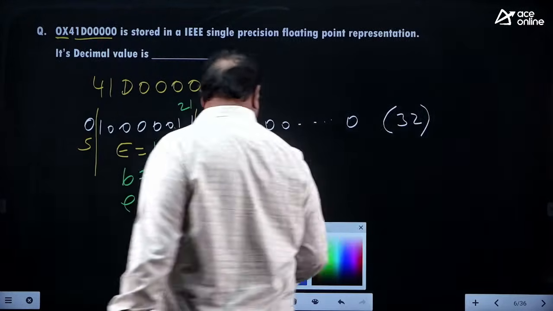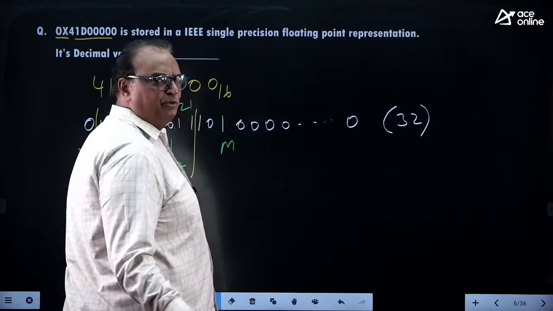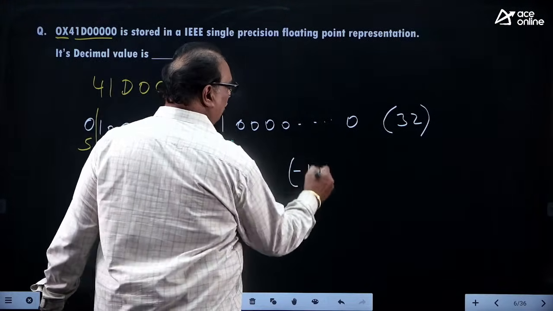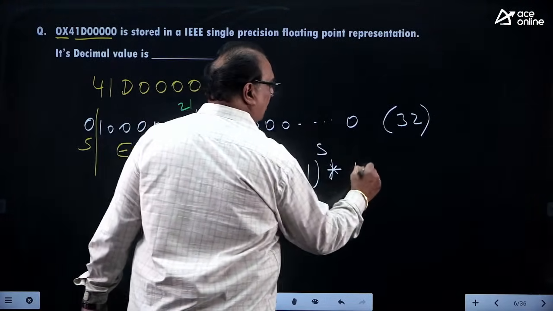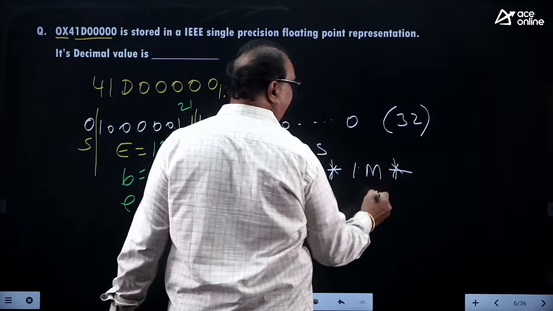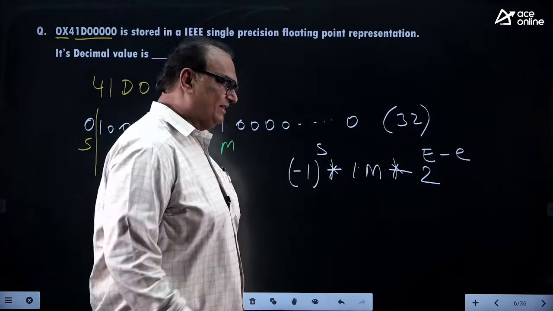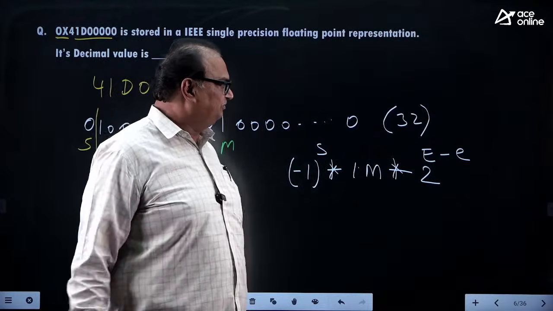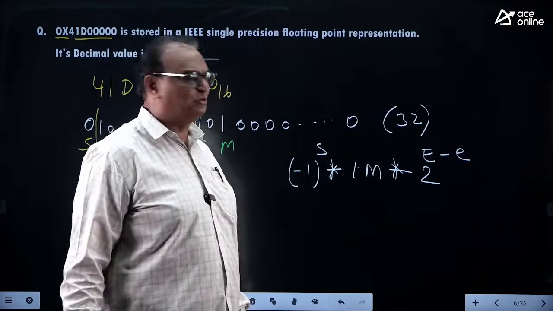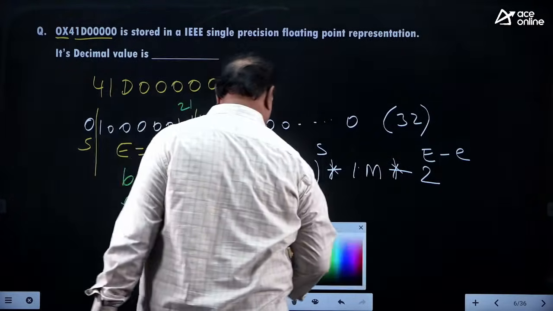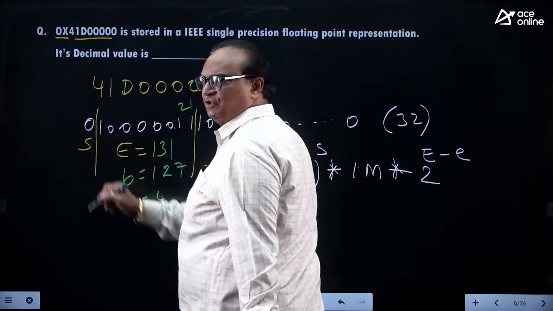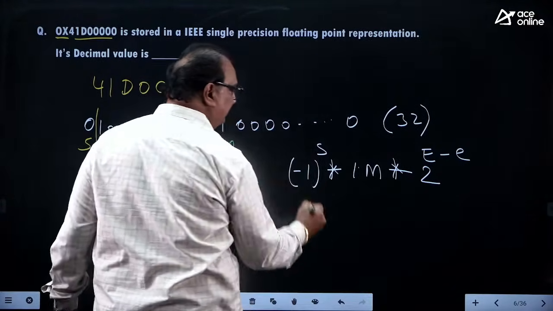The value expression for single precision notation, meaning 32 bit, is (-1)^s into 1.M, M means mantissa, into 2 power E minus e, where capital E is the biased exponent and small e is the true exponent. Already we know s is 0, which means the data is positive.